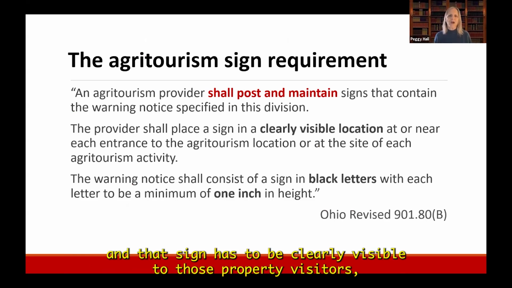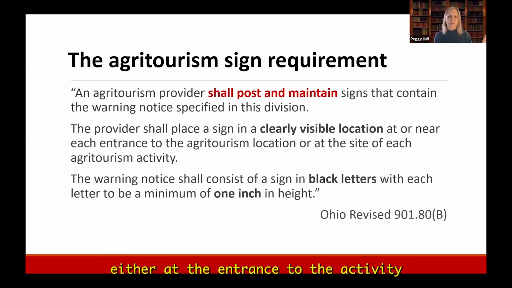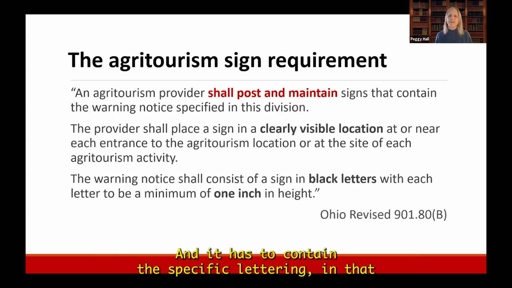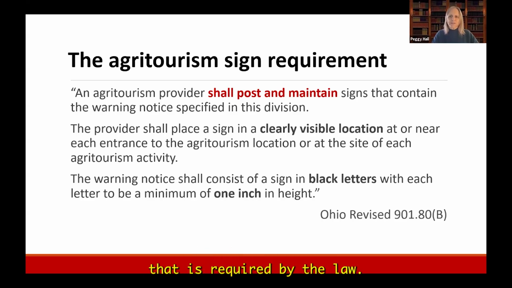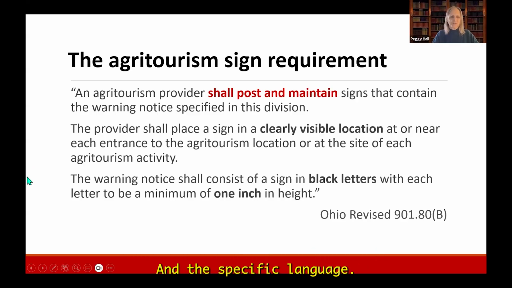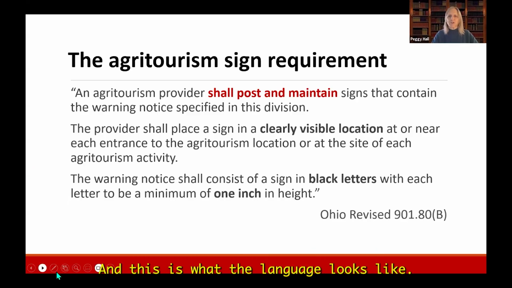And that sign has to be clearly visible to those property visitors, either at the entrance to the activity or at each activity. The entrance to the entire farm could work, or at the site of each activity. And it has to contain the specific lettering that is required by the law, so minimum of 1 inch in height in black letters and the specific language. And this is what the language looks like.